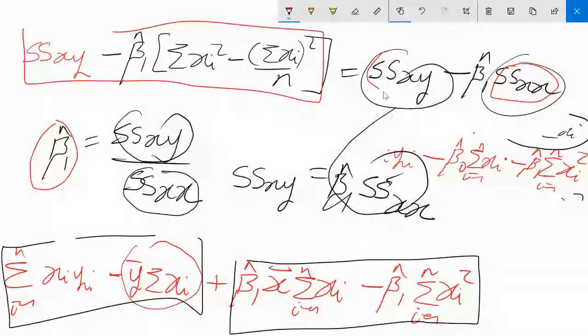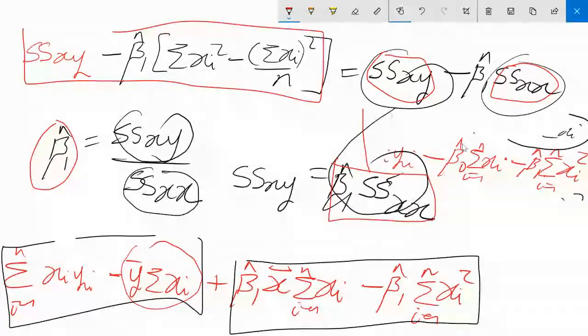So we replace this SSxy by beta 1 hat SSxx. If we do that, we are going to have beta 1 hat SSxx minus beta 1 hat SSxx, and that gives us 0. Are you answered? Yeah, I'm answered. Thank you.